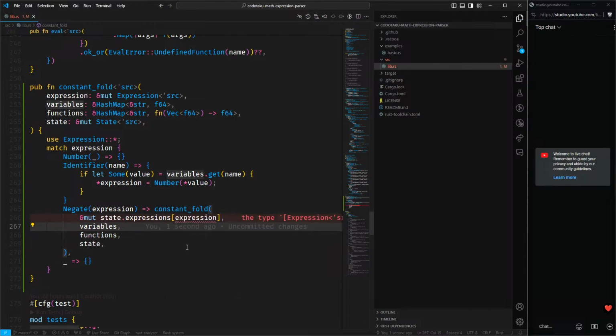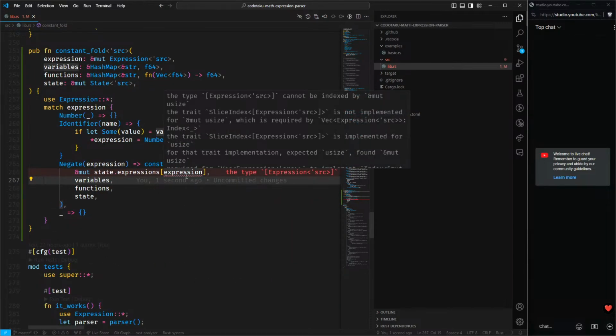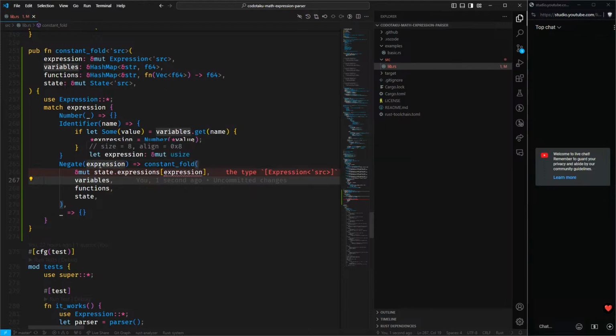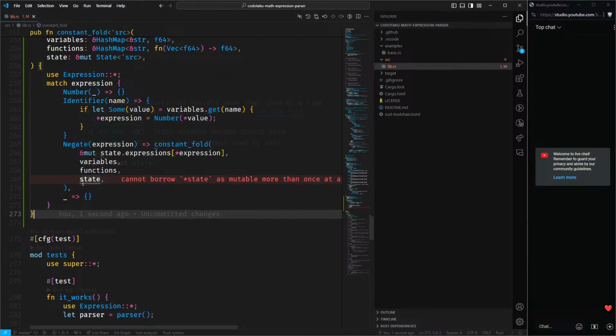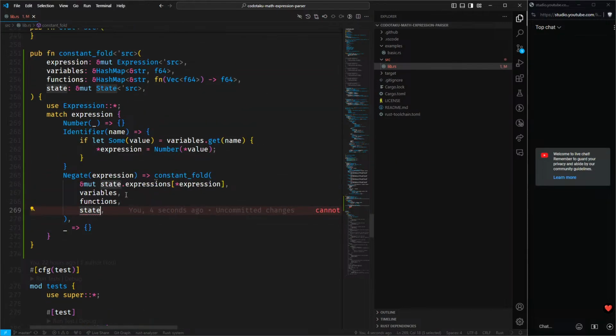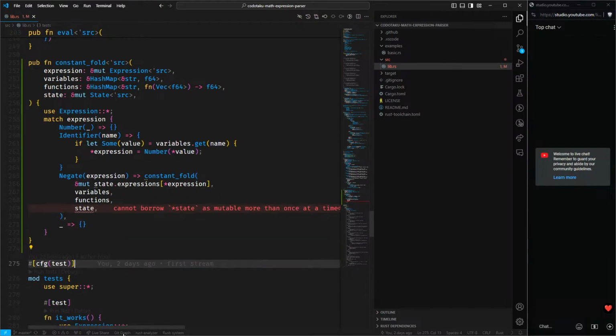And here is where you're gonna notice the problem. The type Expression cannot be indexed by mut. Oh, hold on, what? Oh, I think I just do this. Okay, cool. And here we pass in the state. Well, we already got mutable state here, so that's good actually.